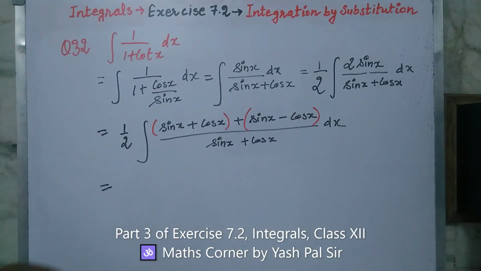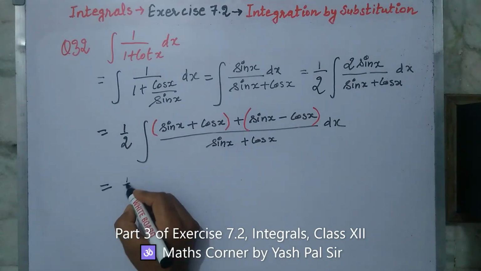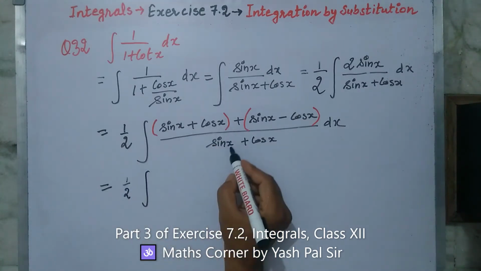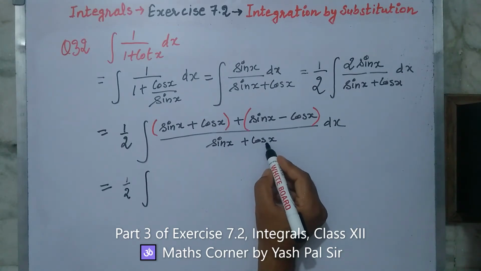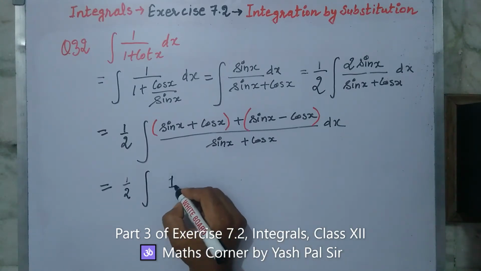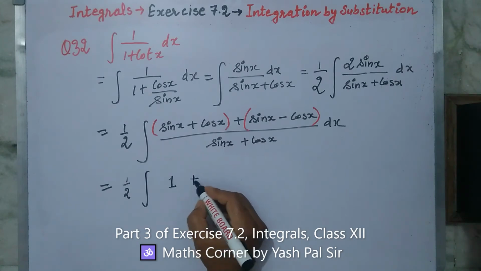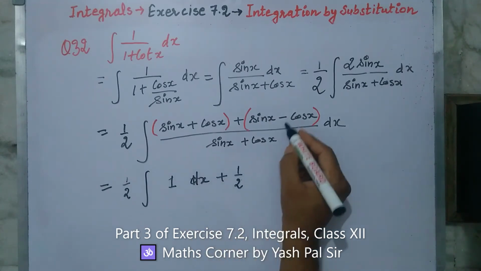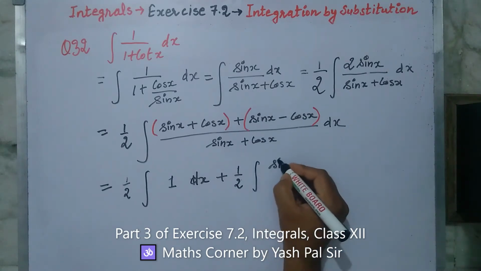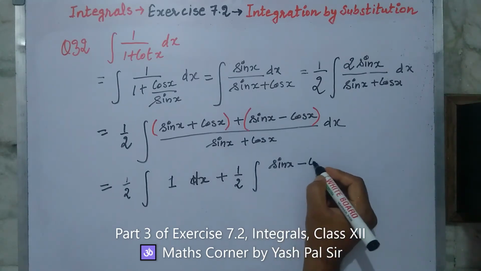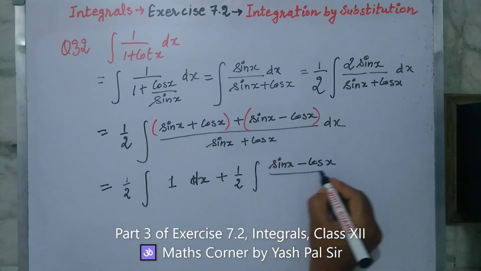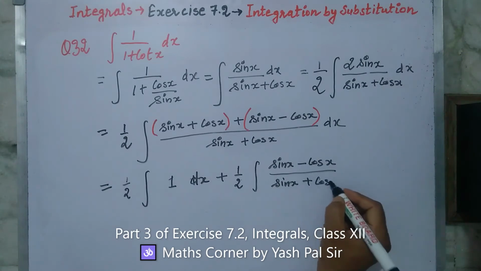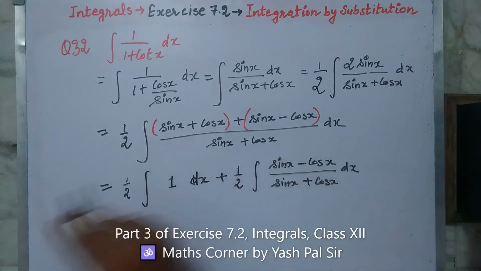So now we have 1 upon 2, outside integration, (sin x plus cos x) upon (sin x plus cos x), that is 1, into dx, plus 1 upon 2 integral of (sin x minus cos x) divided by (sin x plus cos x) dx.